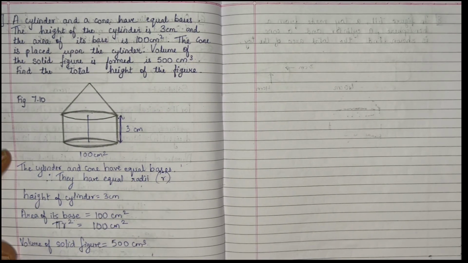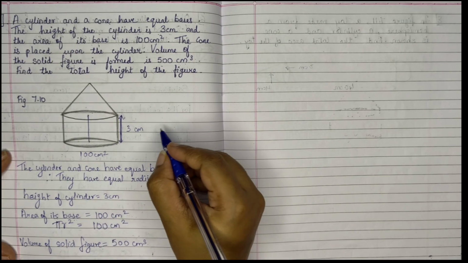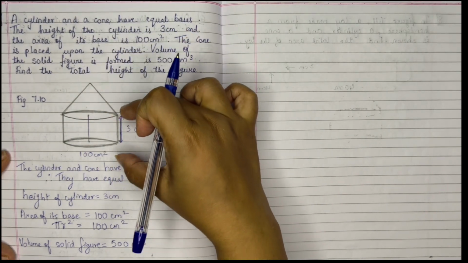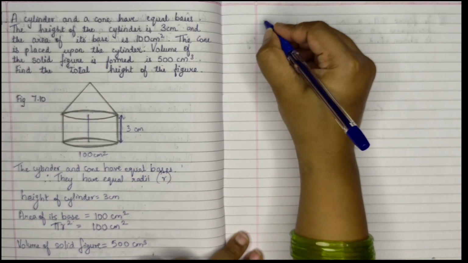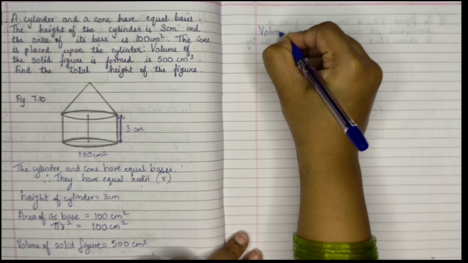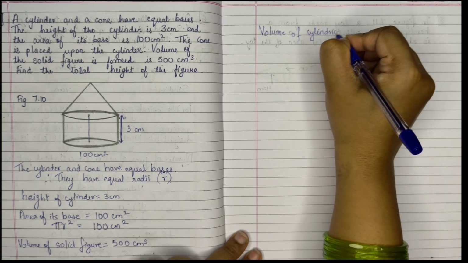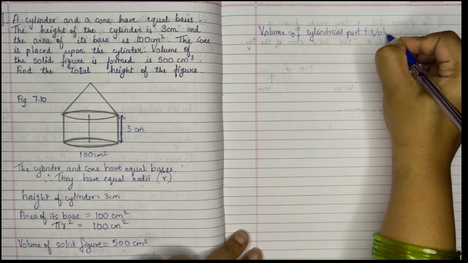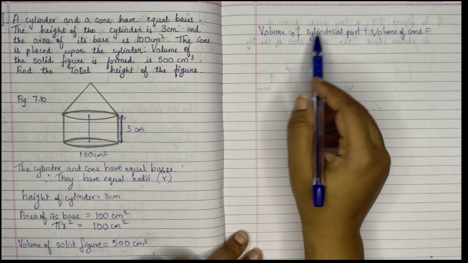Now after writing everything, what we will do is add these two volumes. Volume of the cylindrical part plus volume of the cone is equal to, now total volume is how much?